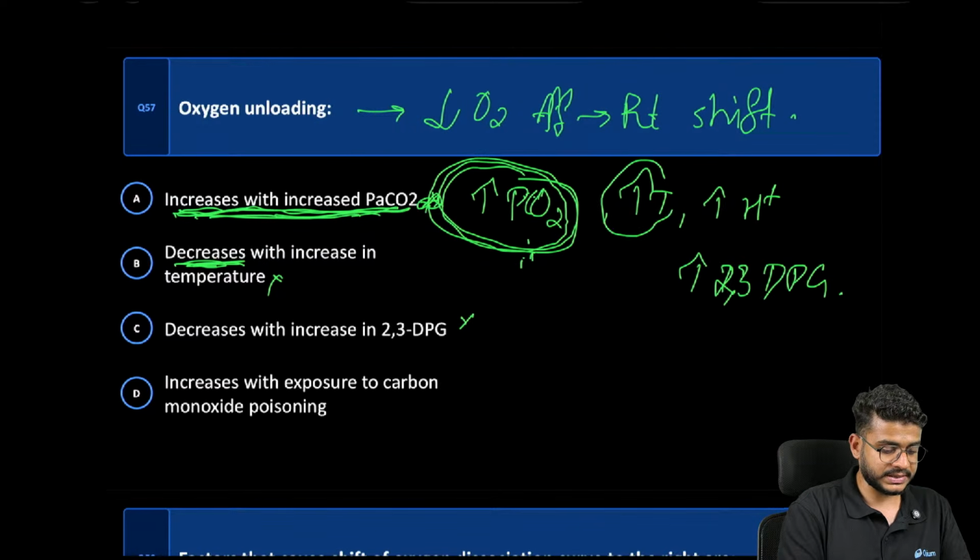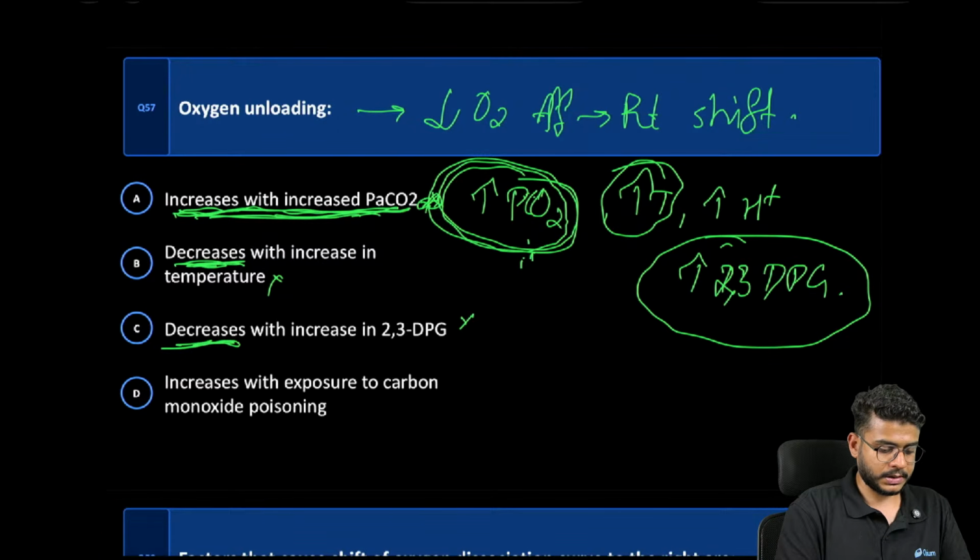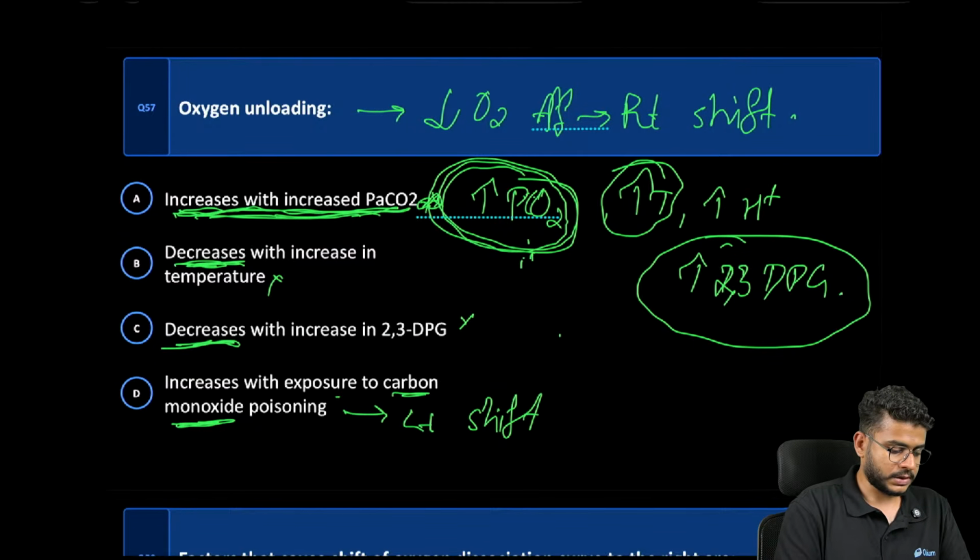No, it also increases with the increase in temperature. It increases with the increase in diphosphoglycerate. Increases with exposure to carbon monoxide poisoning. No, it causes left shift. So the correct answer will be option A.